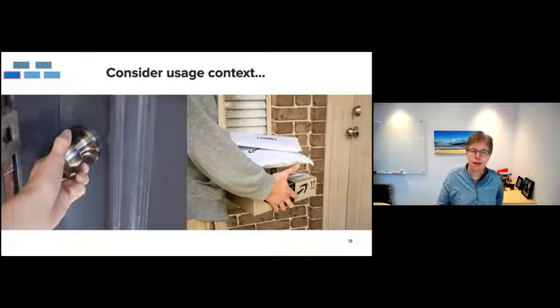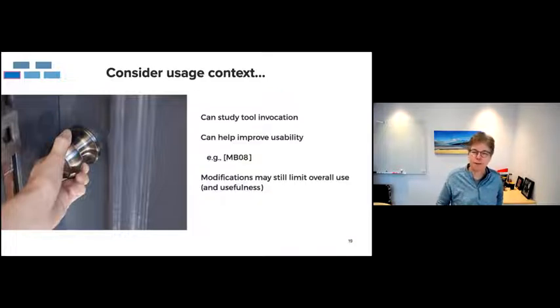If you think about studying the context of use, I want to walk through these two scenarios of using a door handle. If you think about the first scenario, when you actually are already studying the door handle after you've grasped it, and as you're about to turn it, that's kind of like studying tool invocation, the moment in which you've decided you're going to use rename method and you're invoking it. And when you study a tool at that moment of invocation, that can really help improve usability.